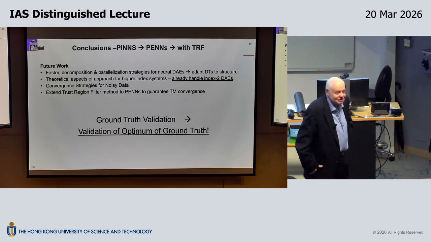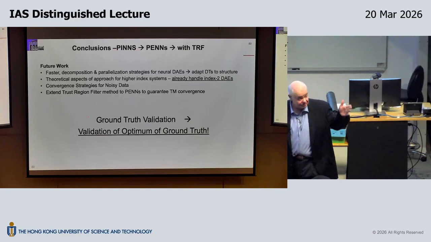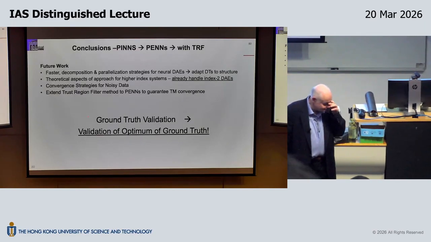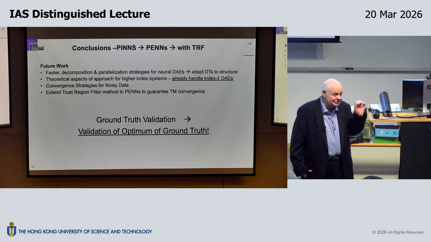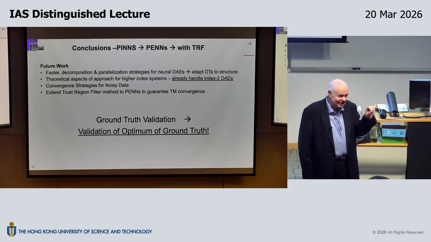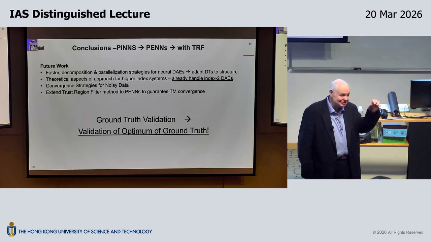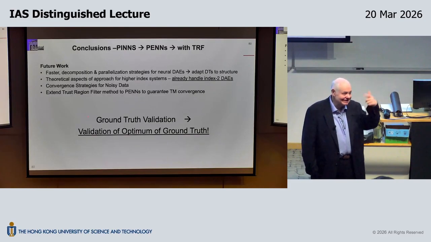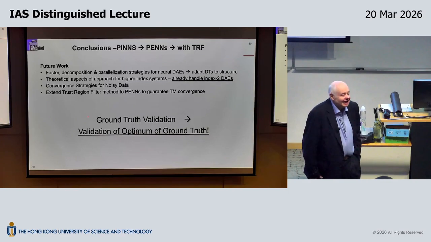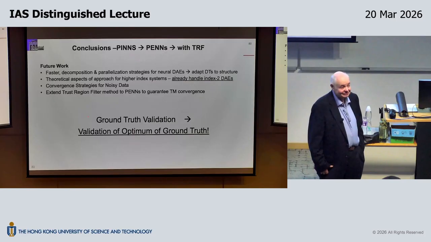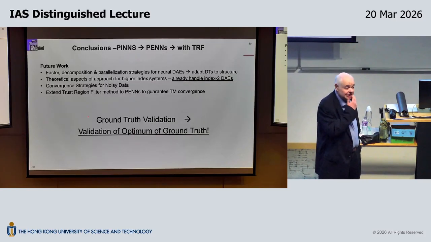Yeah, okay, good question. What you're proposing to do is, if it's feasible, you stop, and if it's infeasible, you take that point and add it to the problem and do it again, right? Yes. That's halfway there, compared to what we're doing with TRF, okay?